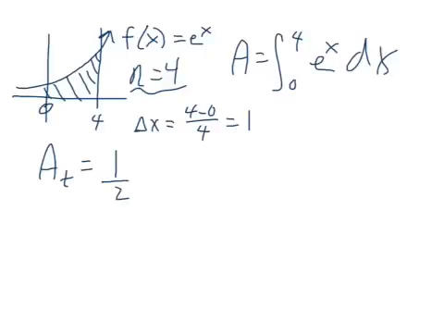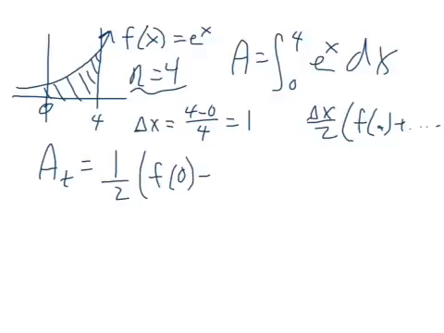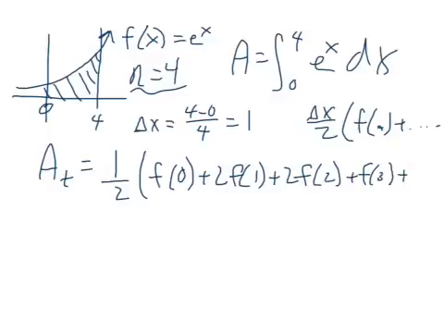Just the formula you might recall is delta x over 2, and then you have the f at a plus and so on. So our f at a will be the function evaluated at 0, plus 2 times evaluated at 1, plus 2 times evaluated at 2, and you just keep adding 1 until you get to the right endpoint. Oh, I made a mistake. I'll fix it in a second. Should have had a 2 there, right?